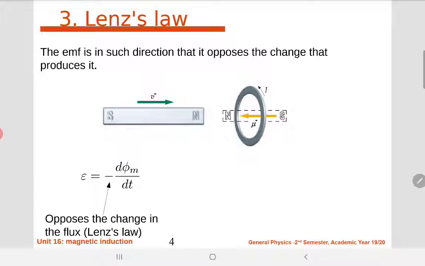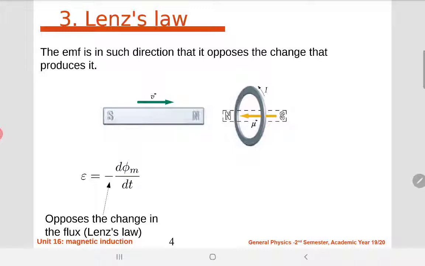You have to remember our mnemonic rule: take the ring with your four fingers following the sense of the current, so that your thumb points towards the magnetic field generated. So if the induced current is the one shown in the picture, the magnetic field generated by this current is going to oppose the increase of magnetic flux coming from the approach of the magnet towards the ring.